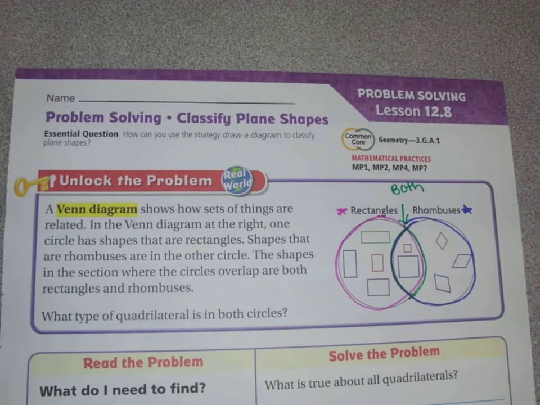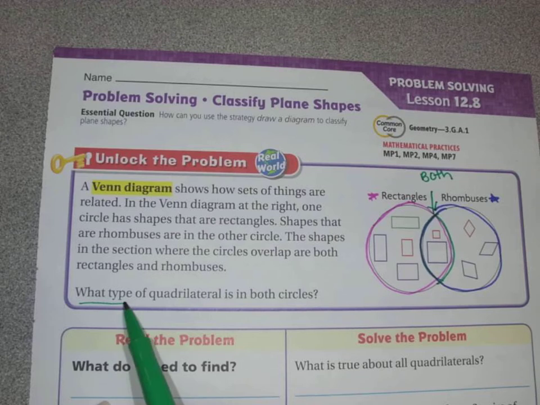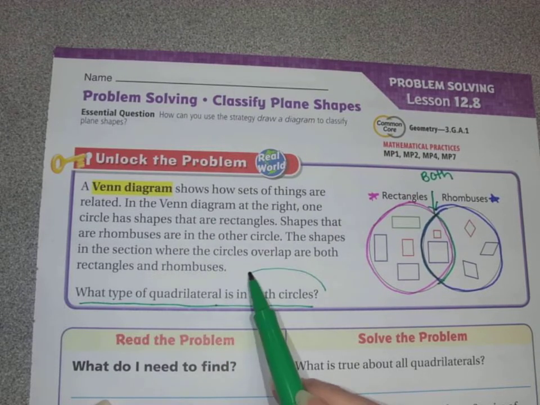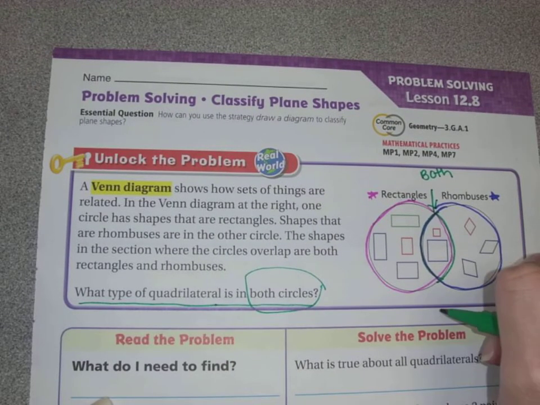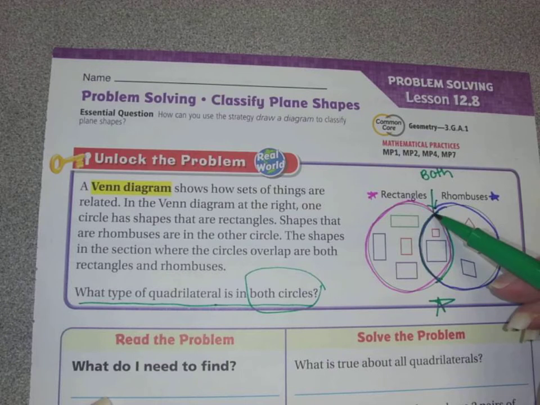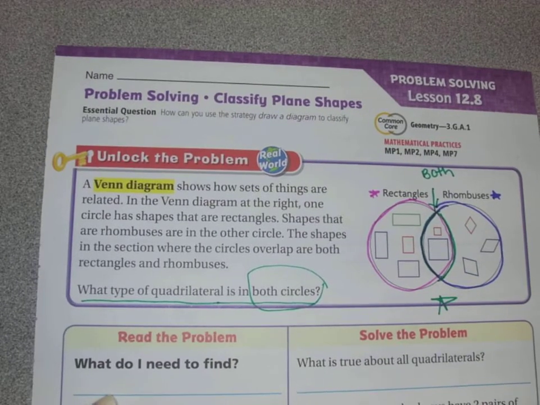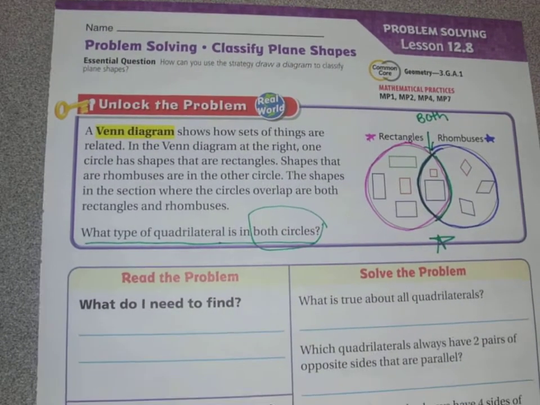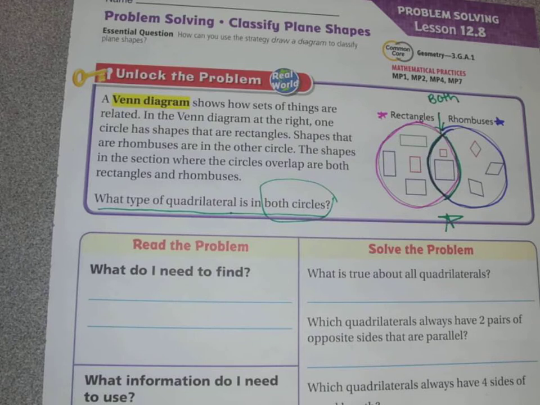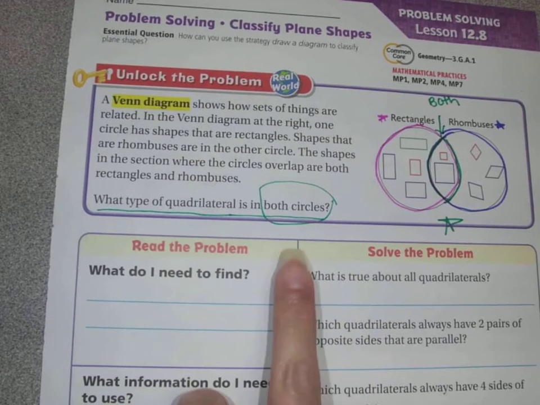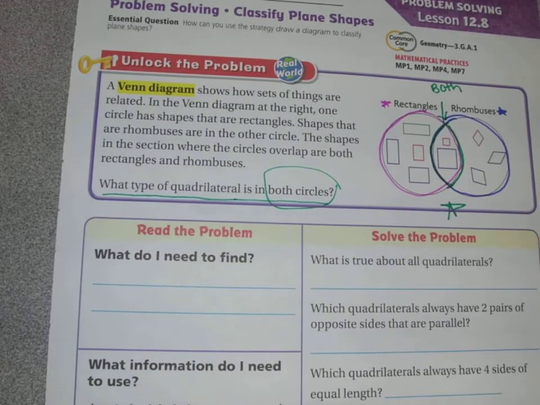Now, we are going to figure out what type of quadrilateral is in both of the circles. Right here, in this middle section, we're going to figure out what type of quadrilateral is in both circles. So the first step, we read the problem. What do we need to find? Well, it says we need to find the type of quadrilateral that's in both circles.